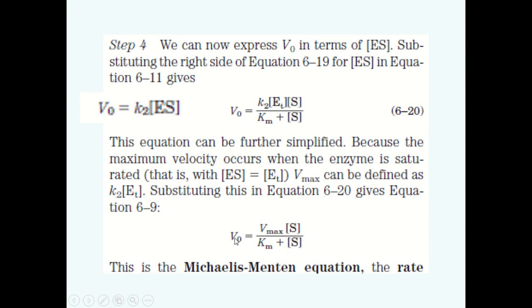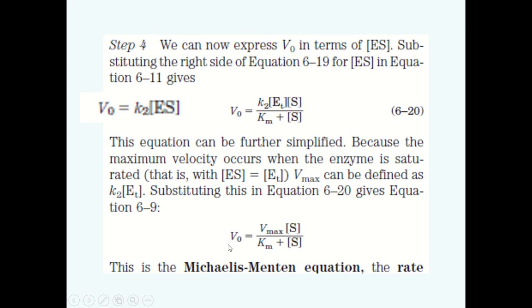So the rate of reaction will now be given by this expression. The rate of reaction at any given interval of time, at any given concentration of the substrate, is equal to the maximum rate of reaction, Vmax, multiplied by the substrate concentration divided by Km plus S. This equation is called the Michaelis-Menten equation.